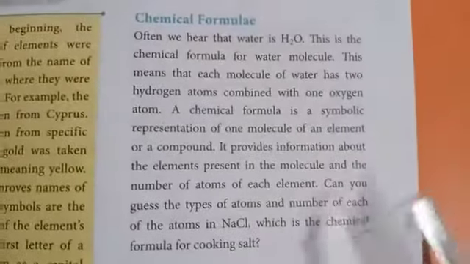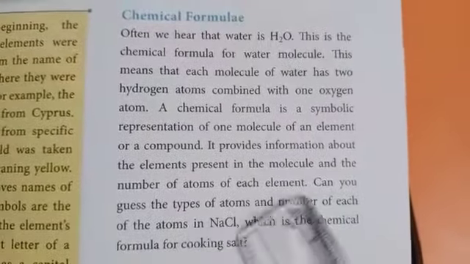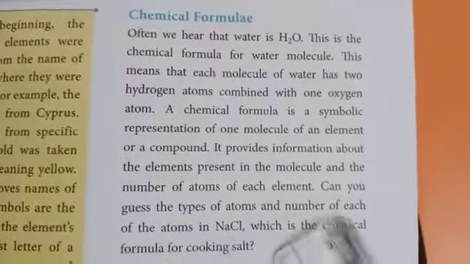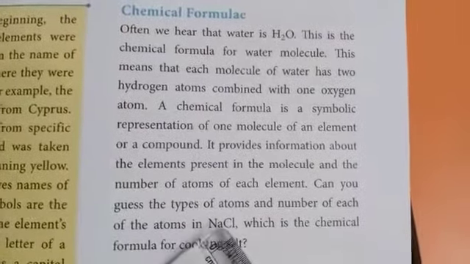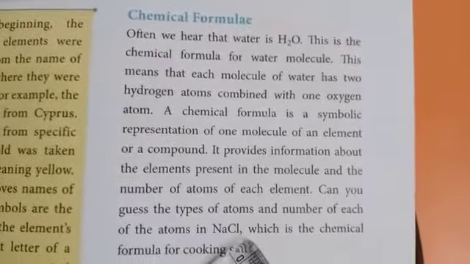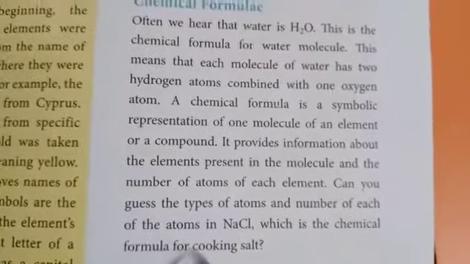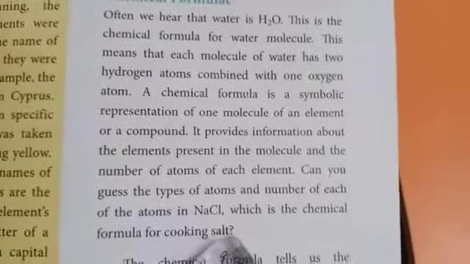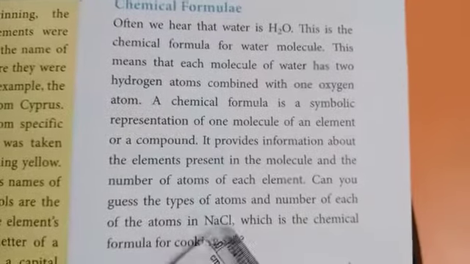Now, can you guess the types of atoms and number of each of the atoms in sodium chloride, which is the chemical formula for cooking salt? The chemical formula for cooking salt is sodium chloride.